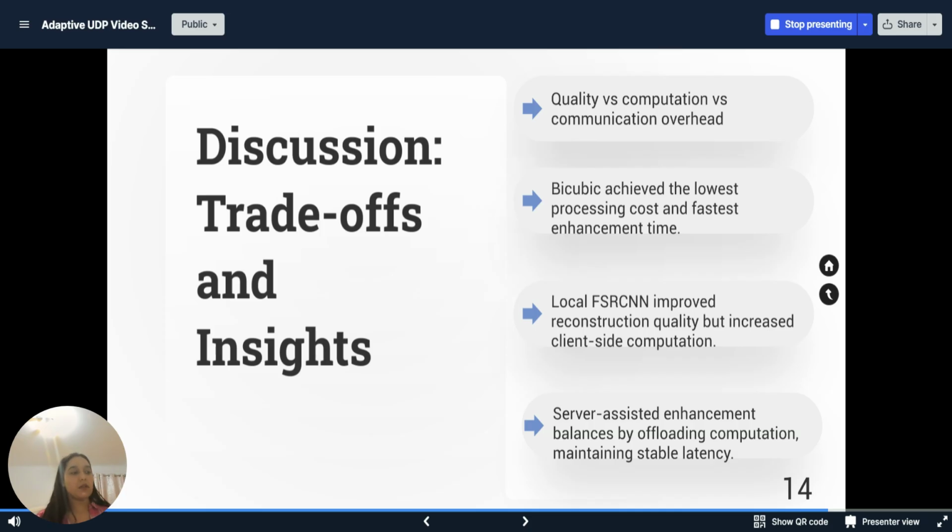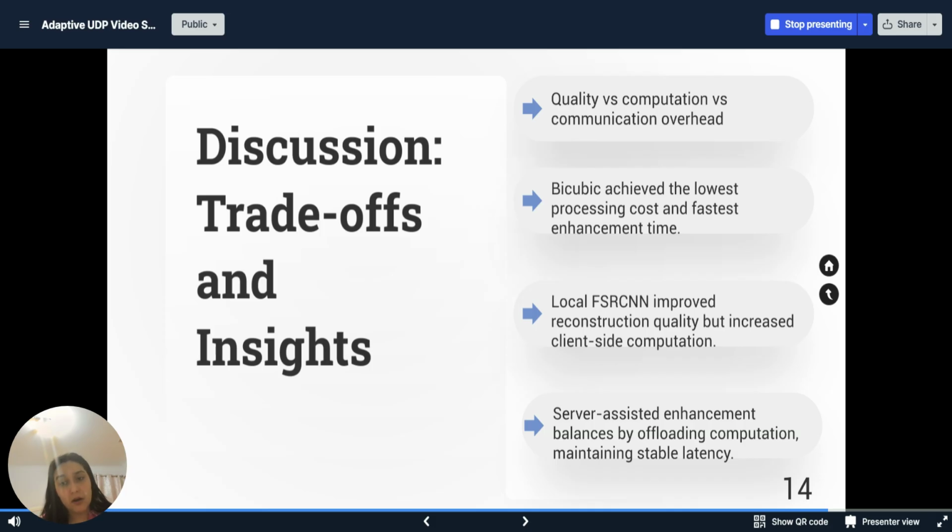So, trade-offs. Looking back at this, we had to choose between the quality delivered by the AI, the computation, which was very computationally expensive, and the communication overhead between the client and the enhancement server. We see that Bicubic achieved the lowest processing cost and fastest enhancement time, with very comparable values in the PSNR and the SSIM.